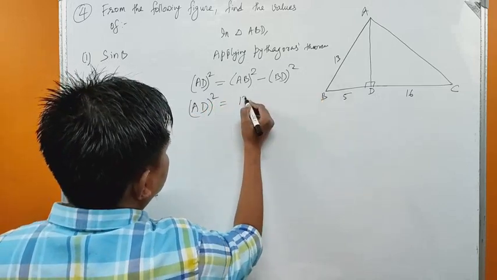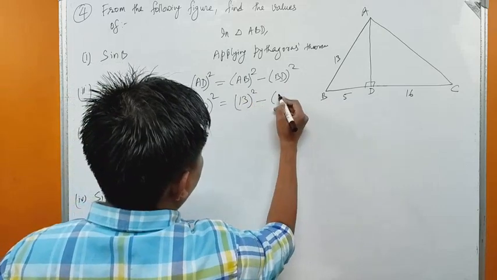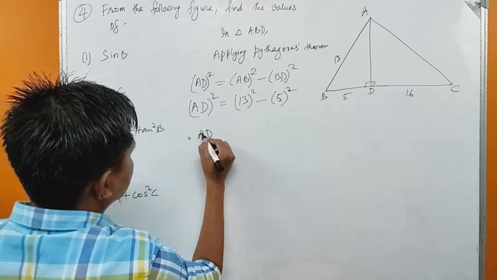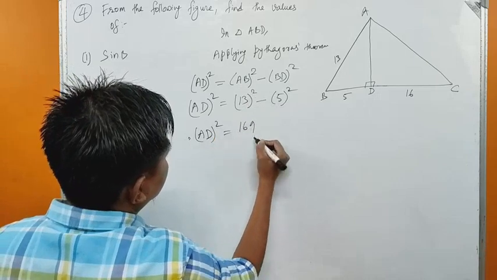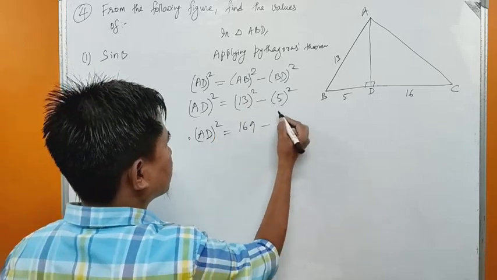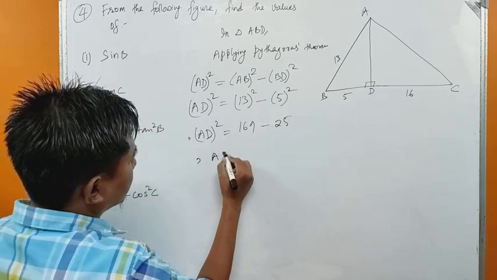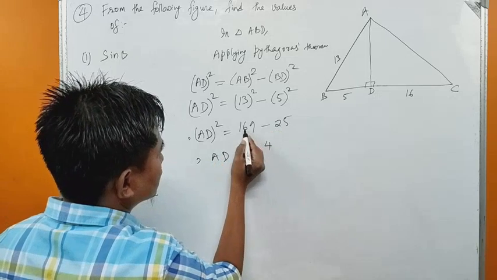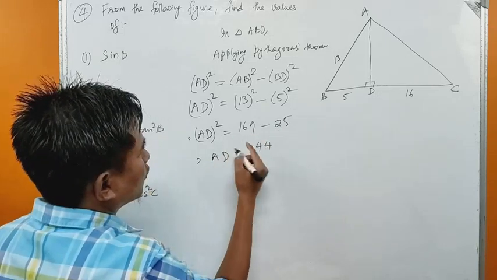So AD square equals AB, what is AB? AB is 13. 13 square minus BD 5 squared, or AD squared equals 13 square is 169, minus 5 squared is 25. 169 minus 25 is 144.